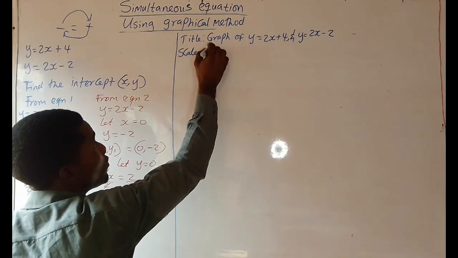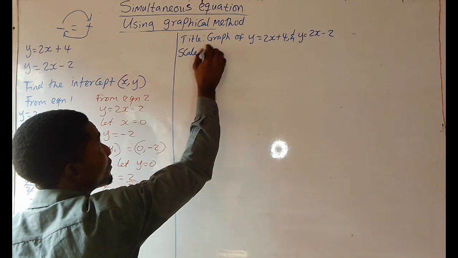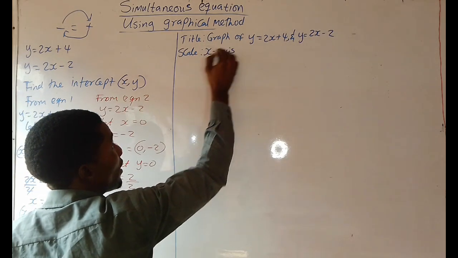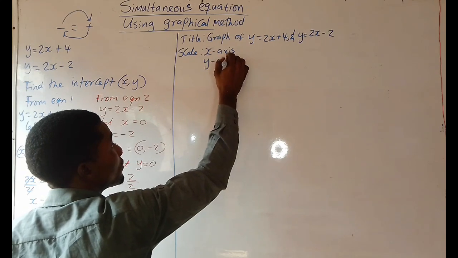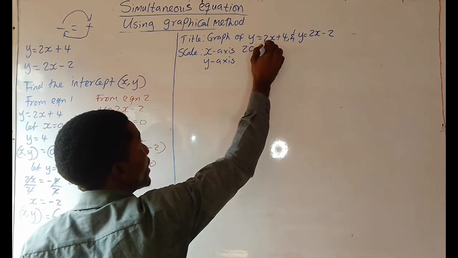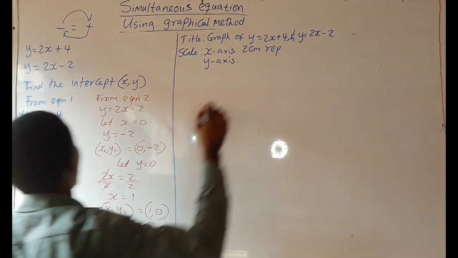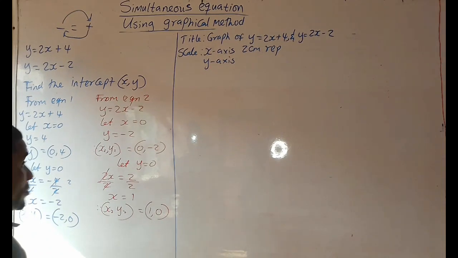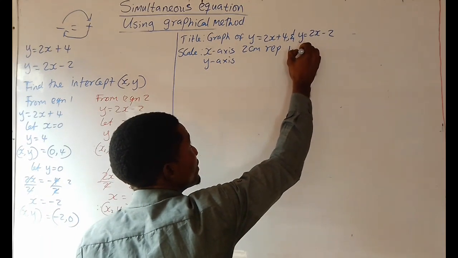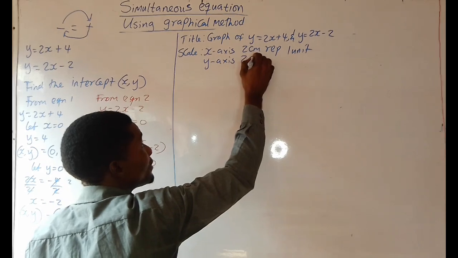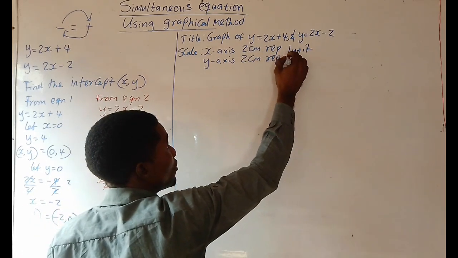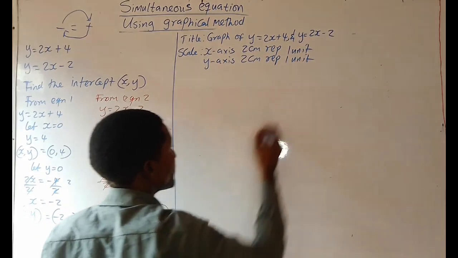My scale will be 2 centimeters for the x-axis and 2 centimeters for the y-axis, and 2 centimeters will represent 1 unit interval.